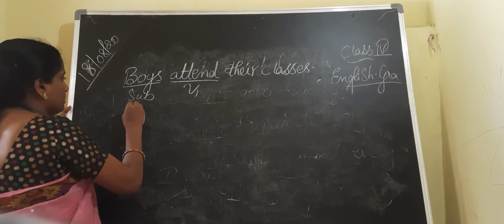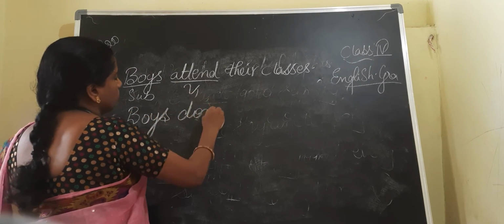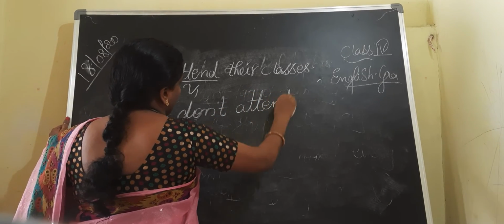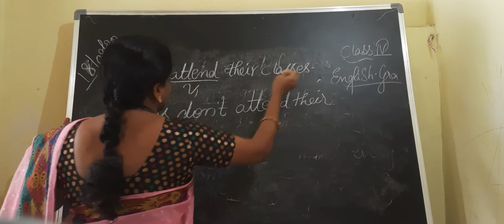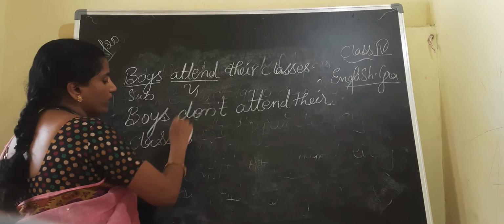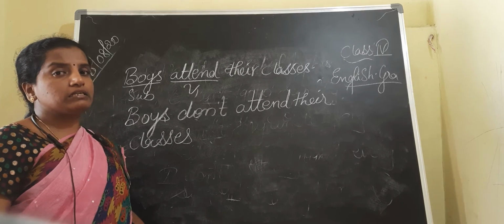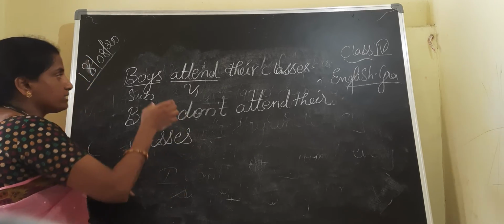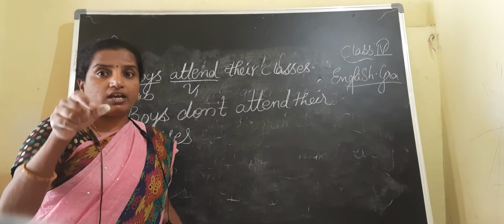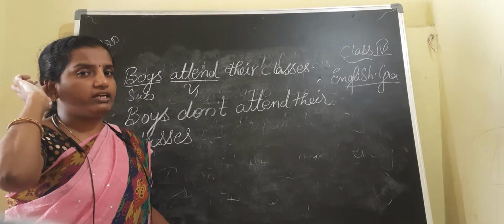To write the negative form, we have to add don't: Boys don't attend their classes. Now what have we learned by discussing these four examples? We have observed that when our subject is plural, we have V1 in the statement. When we have V1 in the statement, we add do not to write the negative form.